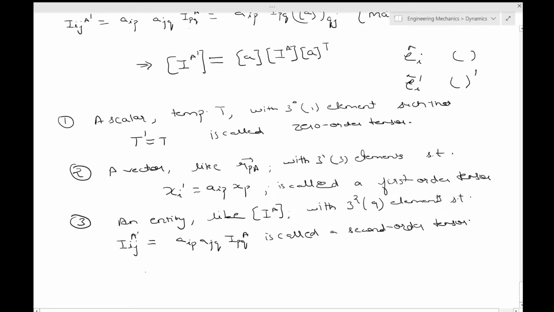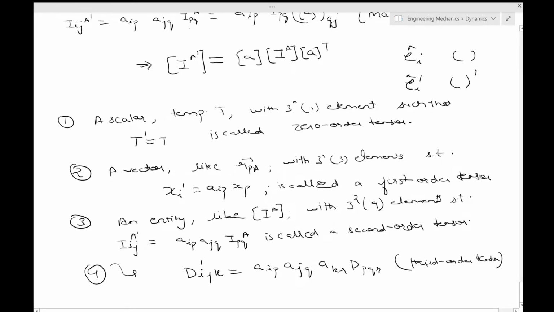Similarly, say you have some other quantity which follows this transformation law: d_ijk dash is equal to a_ip a_jq a_kr d_pqr. This is a third order tensor, and it can keep on going up.